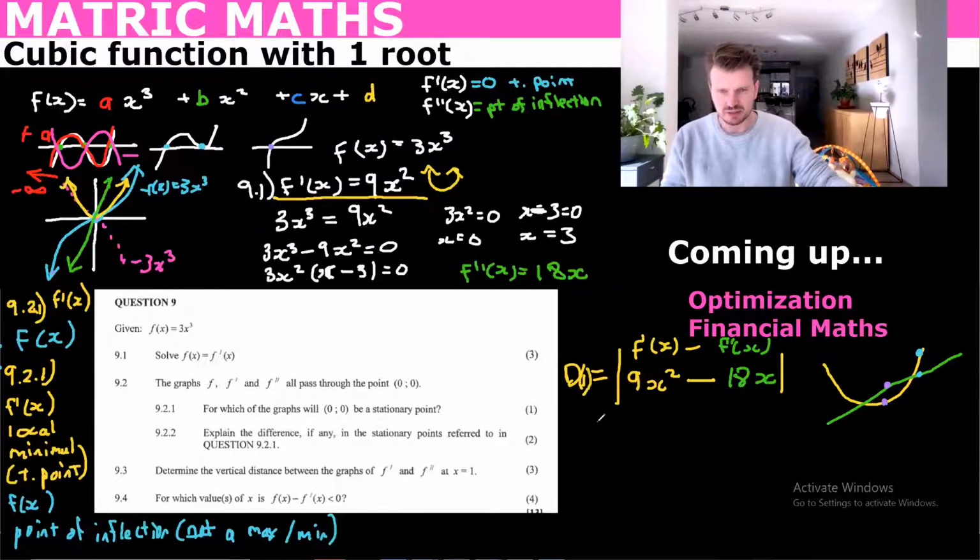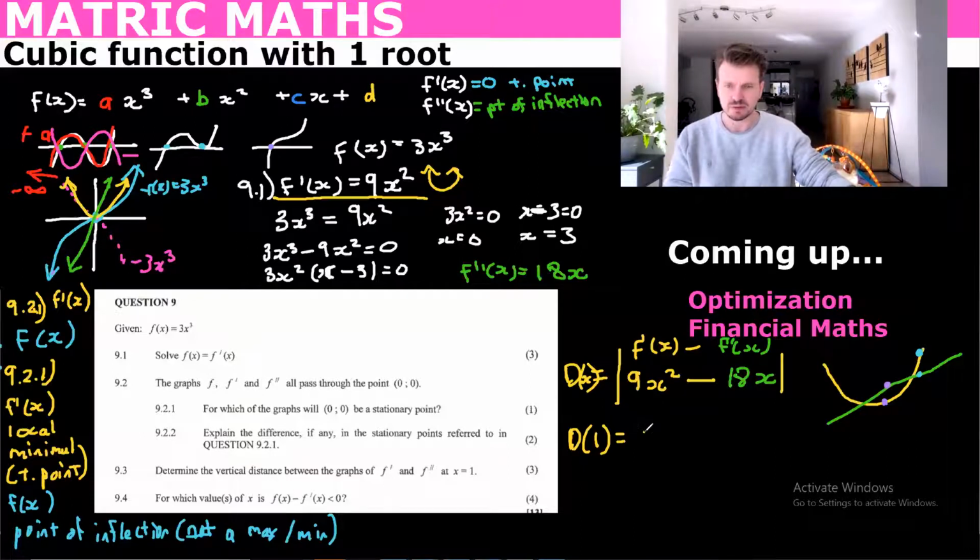So I'm just going to say d of 1, this is the distance function, because it's a distance where x is 1. And I'm going to say 1 squared minus 18 times 1. Oh, and so I do get -9. It's the absolute value of -9, which is 9.